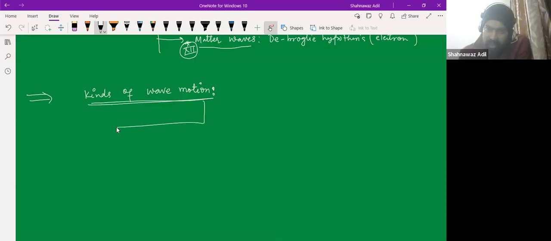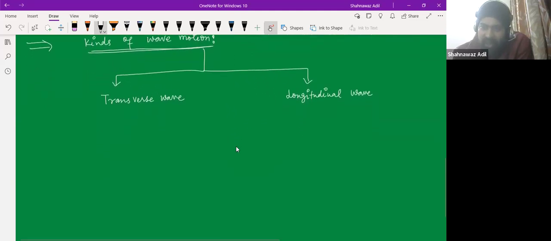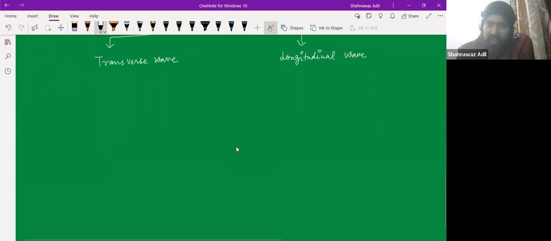Yeah, so the kinds of wave motion that we have: one is the transverse wave, and the other one is the longitudinal wave. Let's say you guys have seen these gym videos.